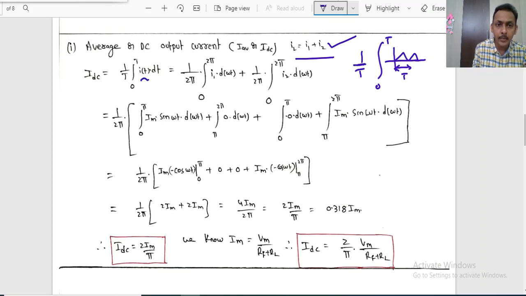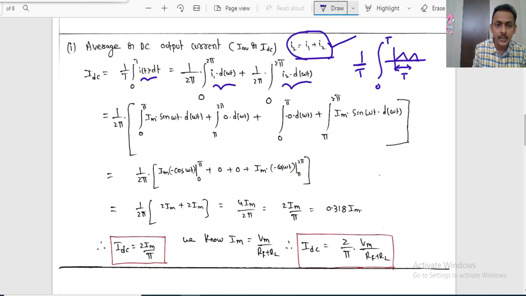Now I of t in mathematical form we can express as 1 by T integral from 0 to T of I of t dt. In this context the time period T is 2 pi, so 1 by 2 pi within the limits 0 to 2 pi. This I of t consists of two parts, I1 plus I2, so we write I1 d omega t plus I2 d omega t.